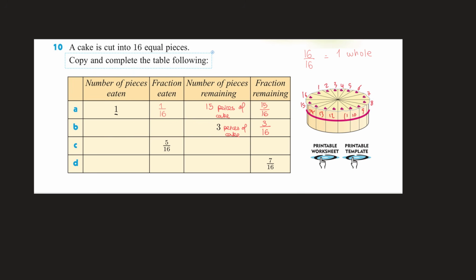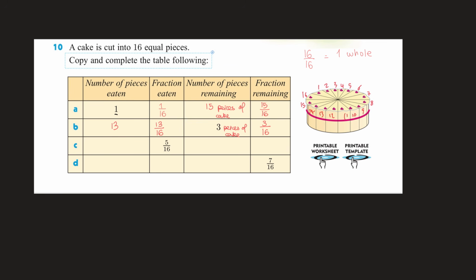So if you had only 3 pieces remaining, that means that you probably ate 13 pieces of the cake, and you have 13 out of 16 that was eaten.